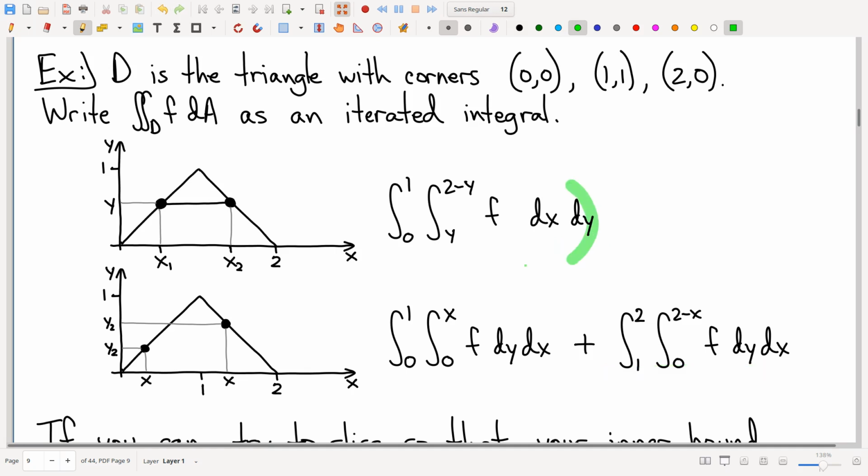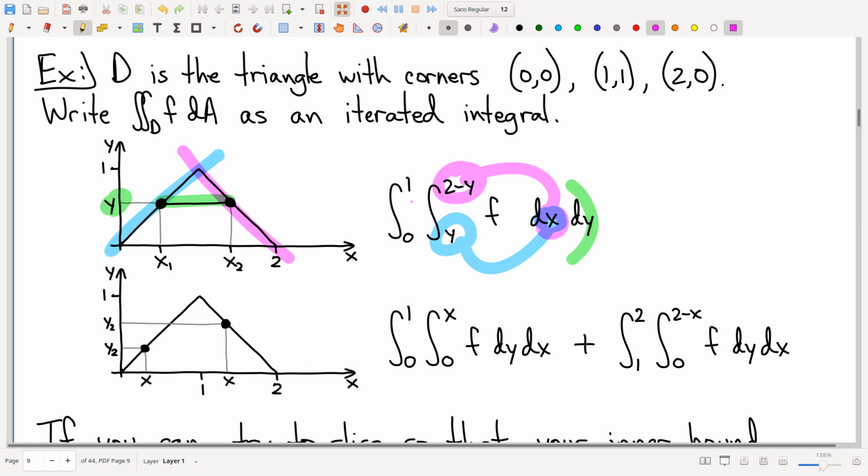Starting with y on the outside. y goes from 0 to 1. Here are my y slices. Looking at one in particular, at that y slice for this value of y, the lower bound for x is going to come from that curve, and then the upper bound for x is going to come from that curve.